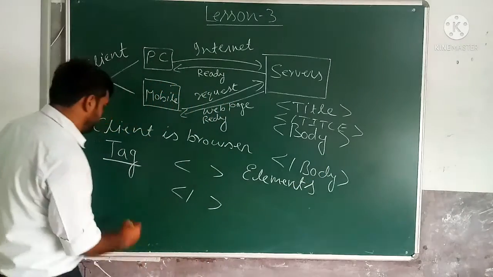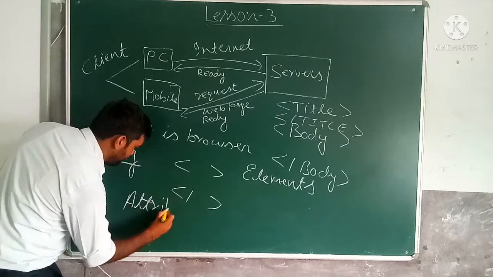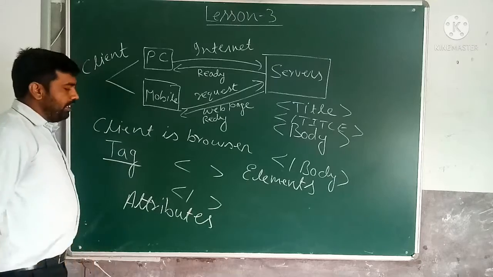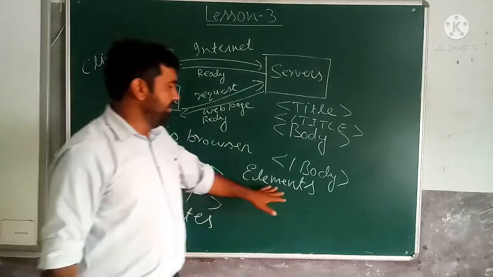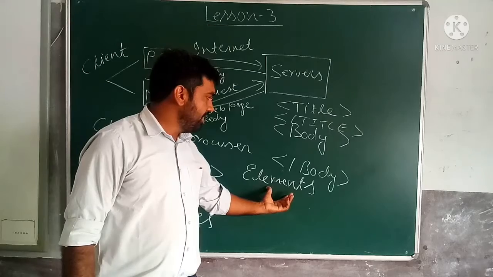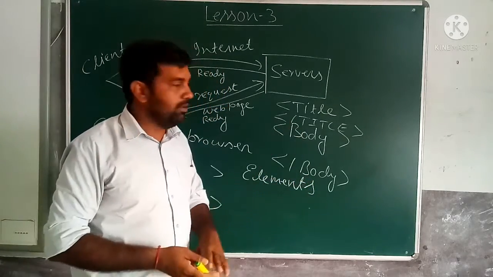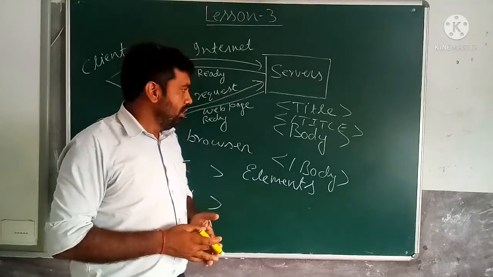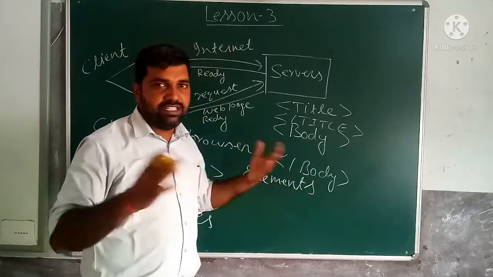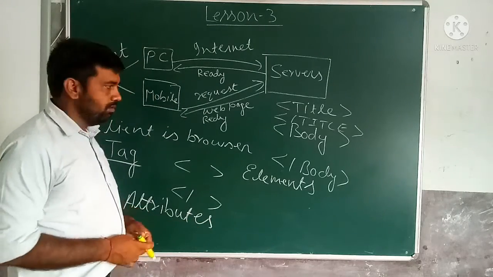Now attributes. Attributes are the properties of the elements. For each element's properties, how you control the body of the web page, what will be the background of the web page, where the text and images should be placed, what will be the size of the text, all this is called attributes.